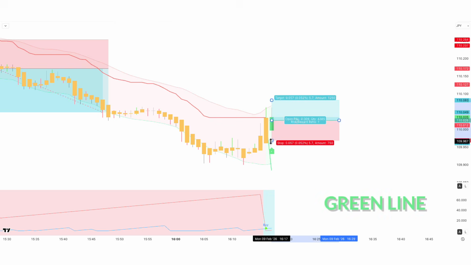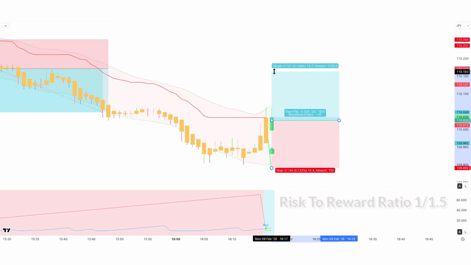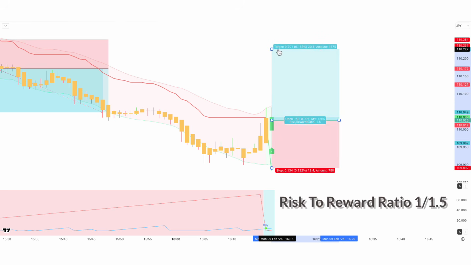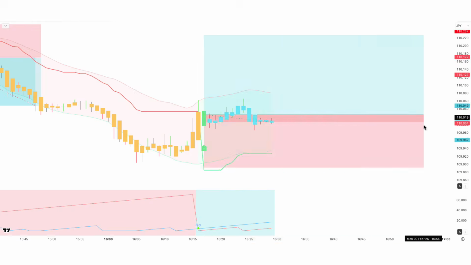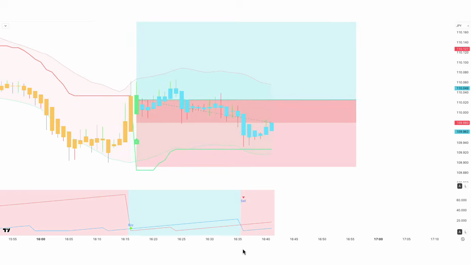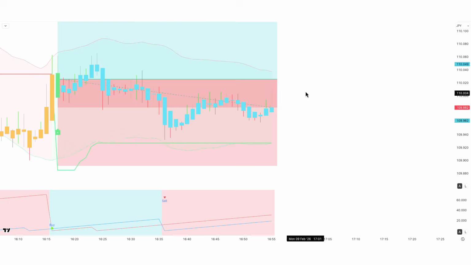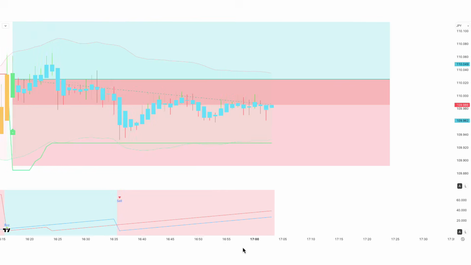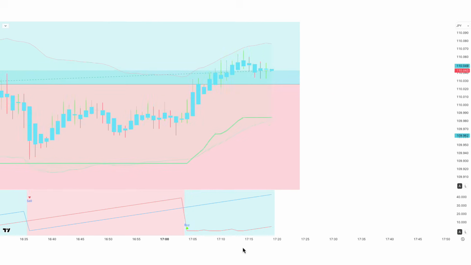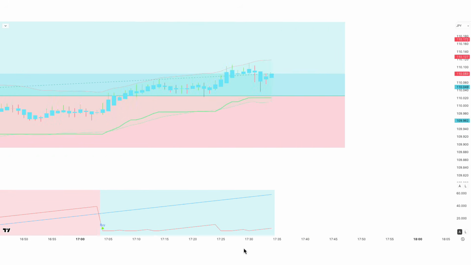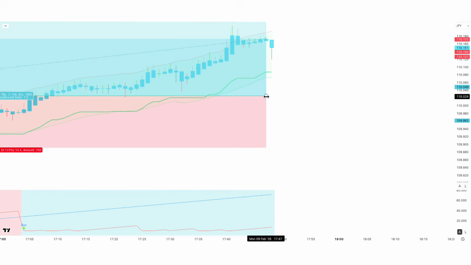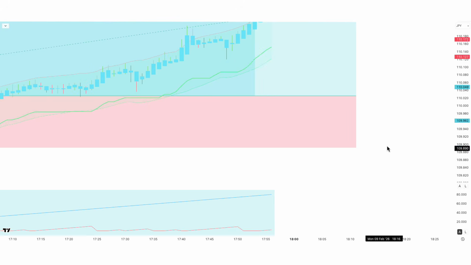Our stop loss is to be placed at the green line, and the risk-to-reward ratio will be 1:1.5. Let's see what happens to our trade. Our trade is running in profit. We have won the trade.